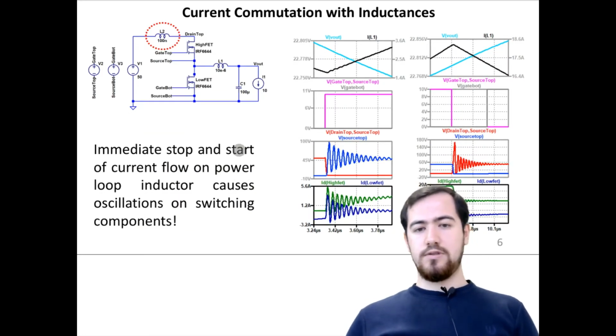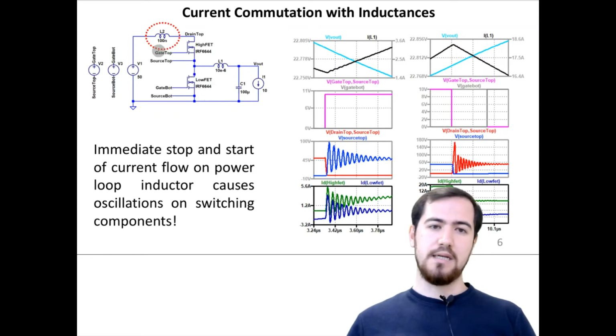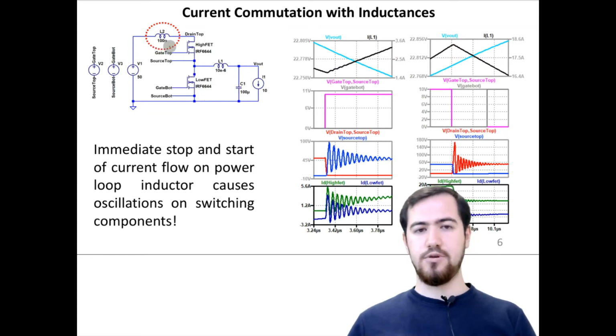Let's consider a circuit in a more realistic way. The circuit is not ideal, so the connections of these MOSFETs and the source always include some resistive and inductive components. More important than the resistive component, the inductive component causes a significant increase in the power losses, and it also causes some oscillations.